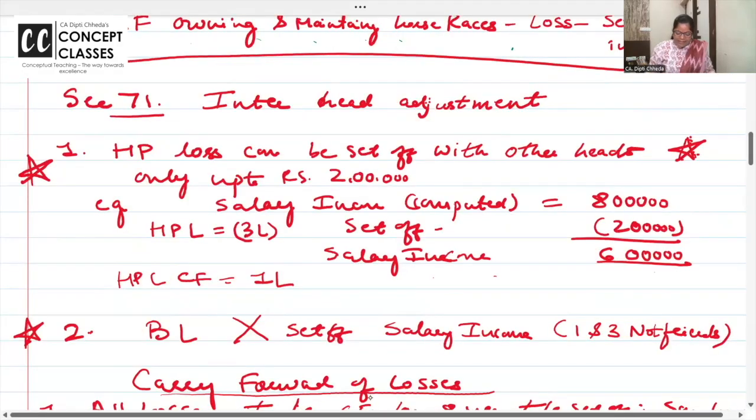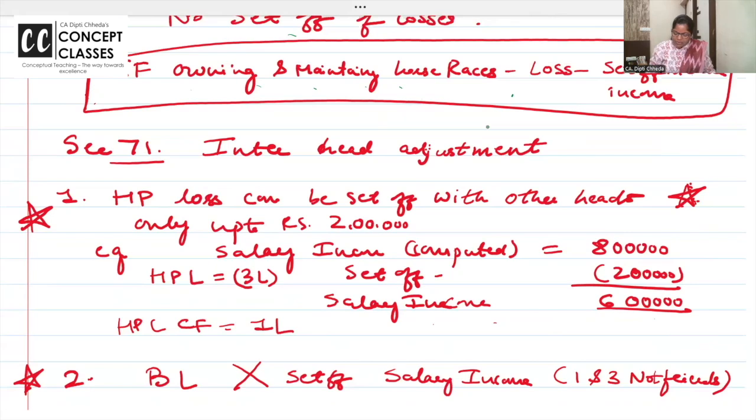So intra-head is over. Now inter-head. Inter-head says house property loss can be set off with other heads only up to 2 lakhs, only if you opt out of default tax regime under section 115BAC.